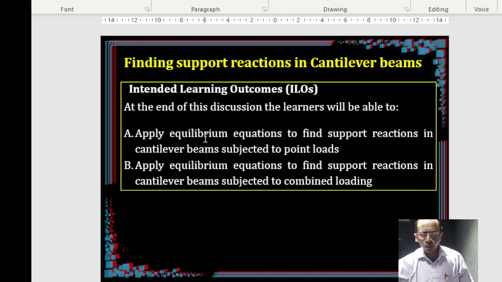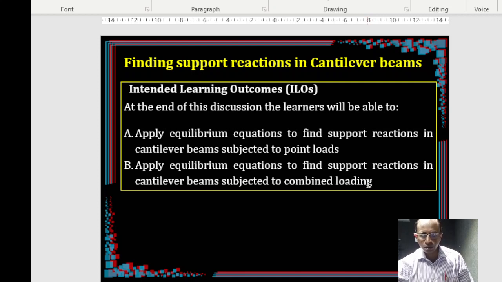So our target is how to apply the equilibrium equations to find the support reactions in cantilever beams if only point loads are there, or if maybe some other combined loading system is available.